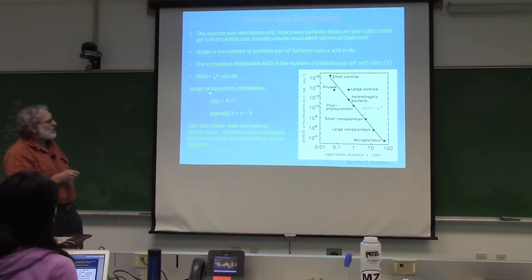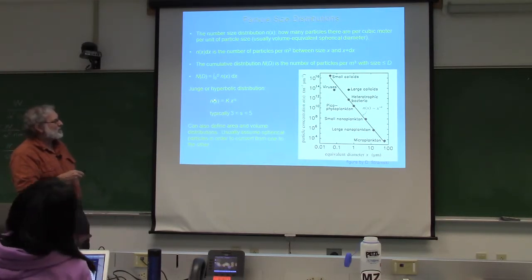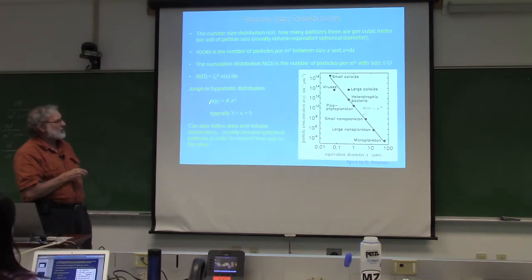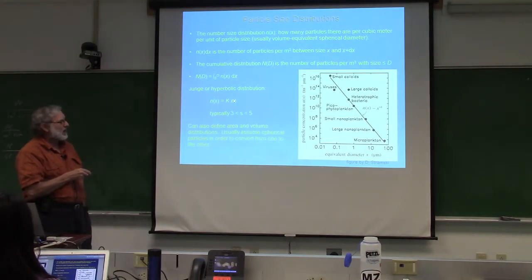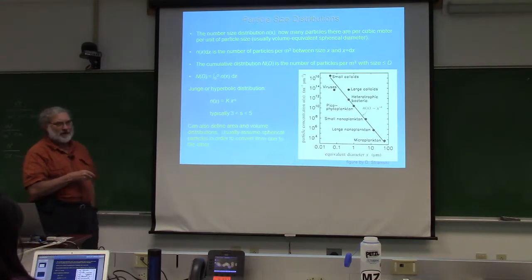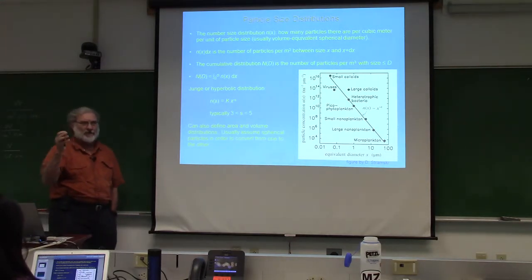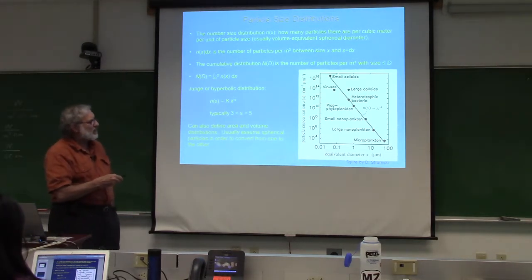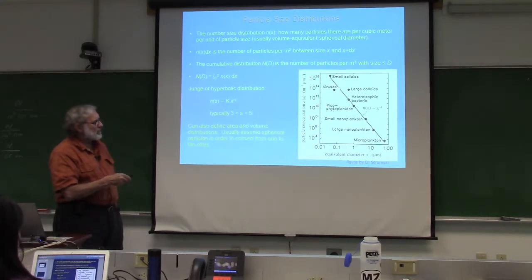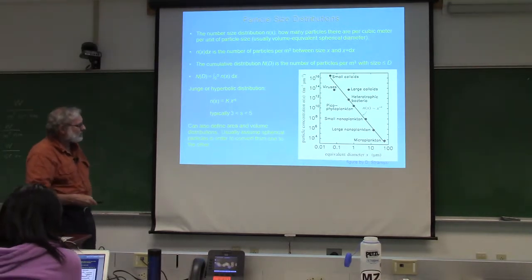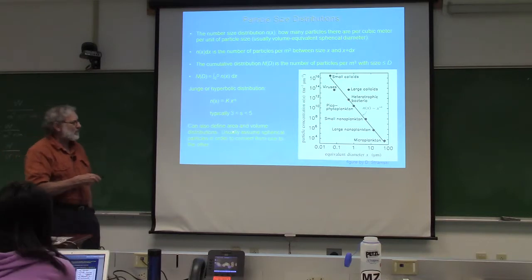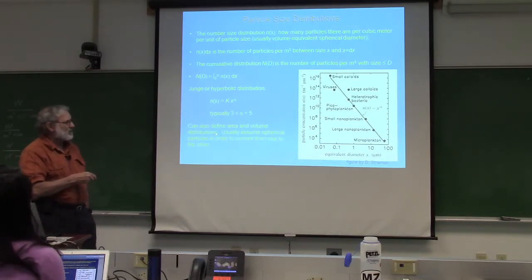There's what's called a Junge or hyperbolic size distribution that says the particle size distribution is proportional to x to the minus some power, where the power s is typically 3, 4, 5, somewhere in that range for the ocean. This curve, the s is equal to 4. And you'll also see people define area and volume distributions.